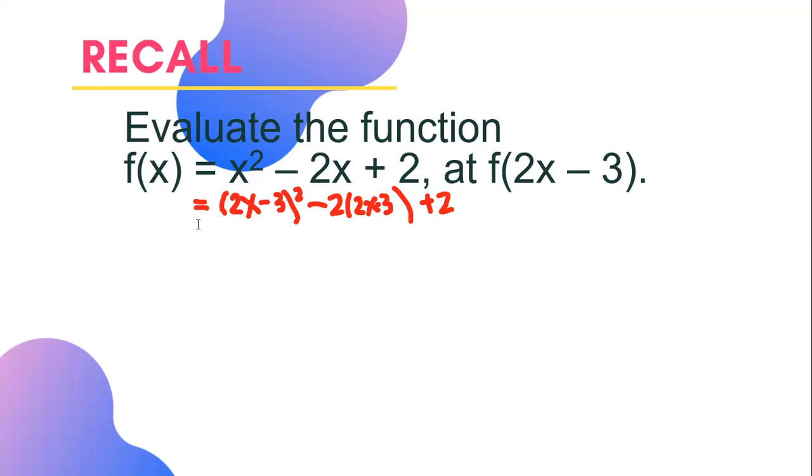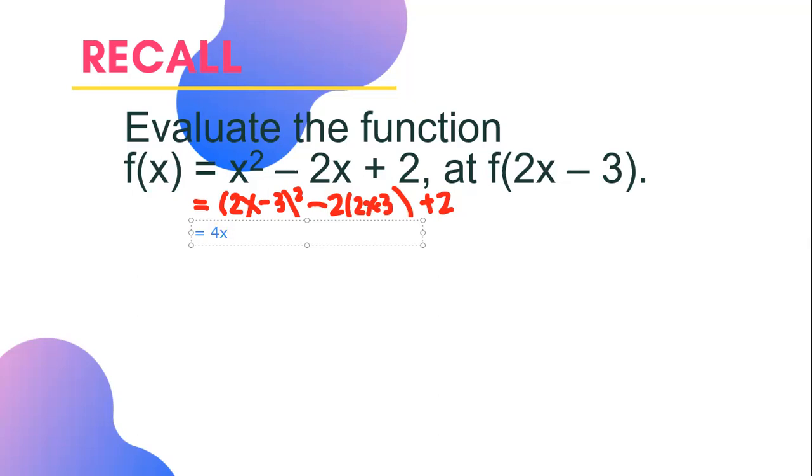So how are you going to do that? Excuse me for the way I wrote the expression. Squaring 2x minus 3 means you have to multiply 2x minus 3 twice, or just use the short steps in squaring a binomial, and that is squaring 2x. 2x times 2x is 4x squared.